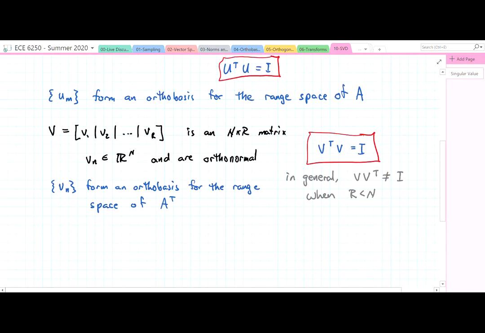Okay, so what is the range space of A transpose? All I can say is that in general, if this isn't intuitive to you, then you are normal, and it'll require some thought.